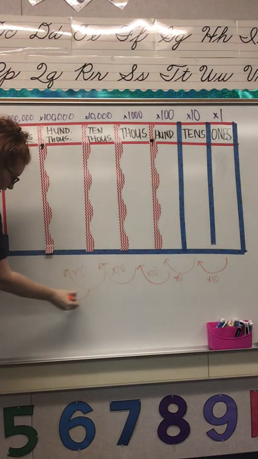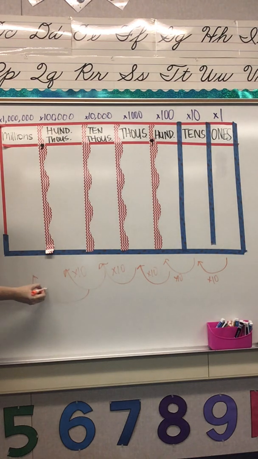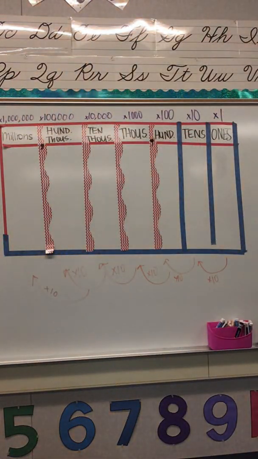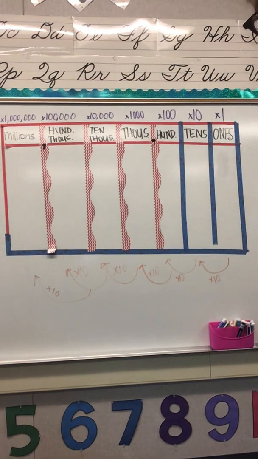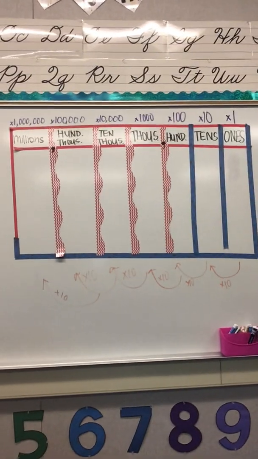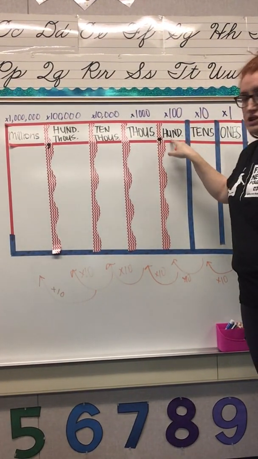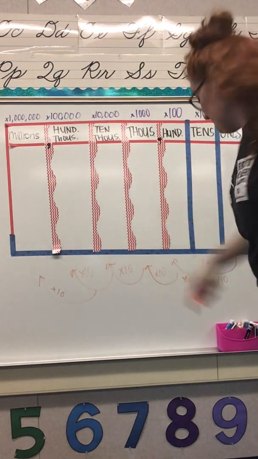And then 100,000 times 10 is 1 million. So as you can see, every time we move to the left, the value of the digit changes by times 10.